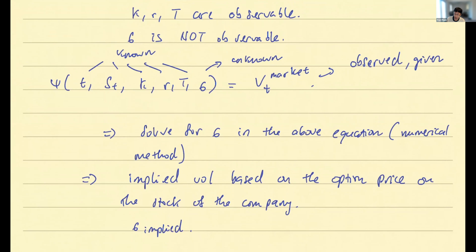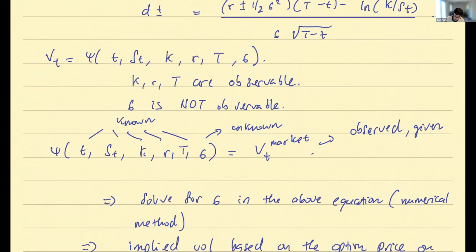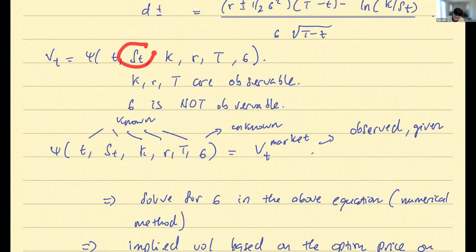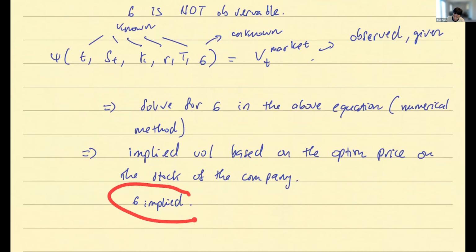The activity of pricing is not about telling the market what to do or to discover the price. No, the market does the price discovery by buying and selling. The task of the quant is to come up with a sensible model on the stock and a sensible piece of pricing, in other words, this function right here that connects future to present price. Then from that model, use some numerical method to uncover the unobserved information about the stock, for example, implied volatility.